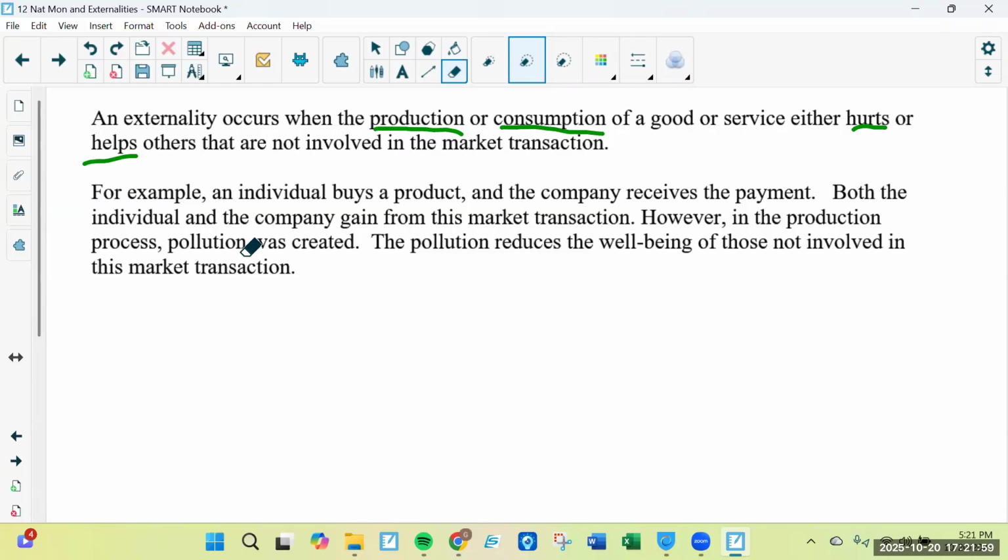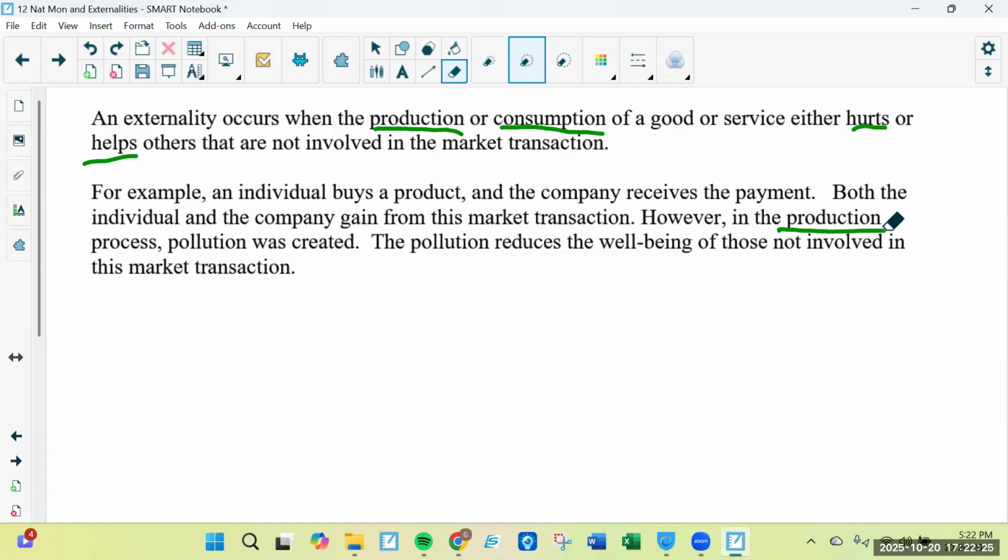Well, you're not actually incurring any of that cost of the waste directly. Everyone else is incurring a bigger cost for you buying that cell phone than you are. That's what an externality is. The pollution that it creates is what we would call a negative externality. And the idea is, okay, we said that in the production process.